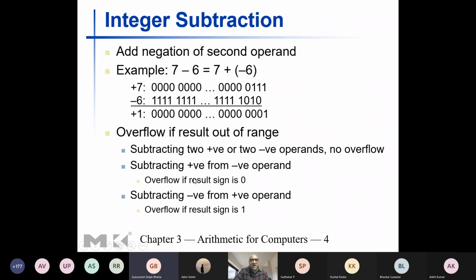It means that when you subtract between two numbers whose signs are different, that is, when you subtract a negative number from a positive number or a positive number from a negative number, you may have a chance of overflow. So by observing the sign bit after the operation, you can detect whether the overflow has occurred or not in case of signed numbers.